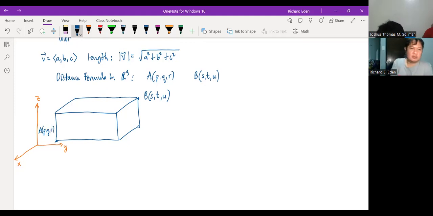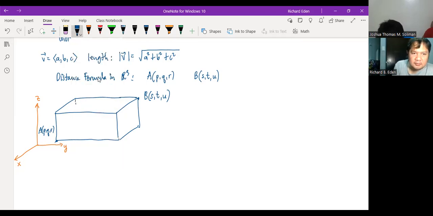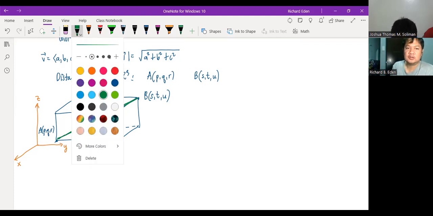Okay, so if it helps, we are interested in the length of the segment connecting A and B. The length of that segment is the distance between those 2 points.